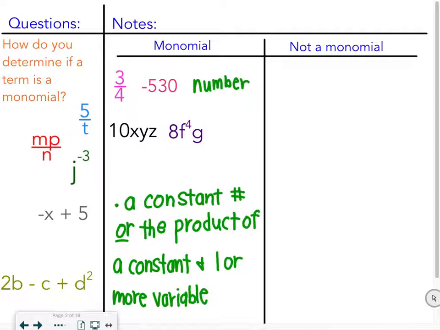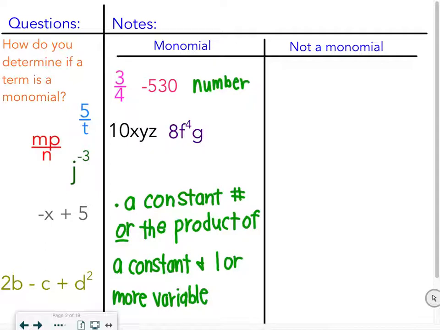Okay, so let me summarize that. So a constant is just like a number. So 3/4 and negative 530, those are both constants. The 10xyz and the 8f to the 4th g, those are the product of a constant, so the constants are the 8 and the 10, and then one or more variables.